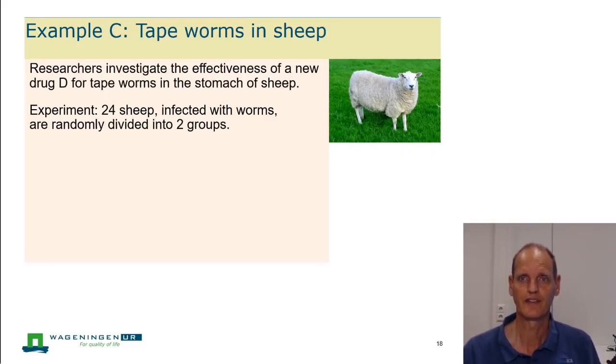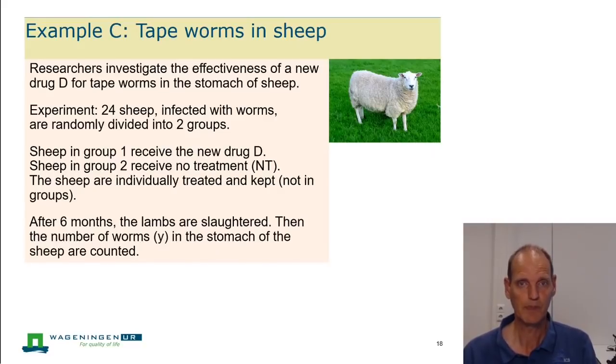Researchers investigate the effectiveness of a new drug D for tapeworms in the stomach of sheep. They do an experiment. 24 sheep are used infected with worms, and they are randomly divided into 2 groups. Sheep in group 1 received the new drug, and sheep in group 2 received no treatment.